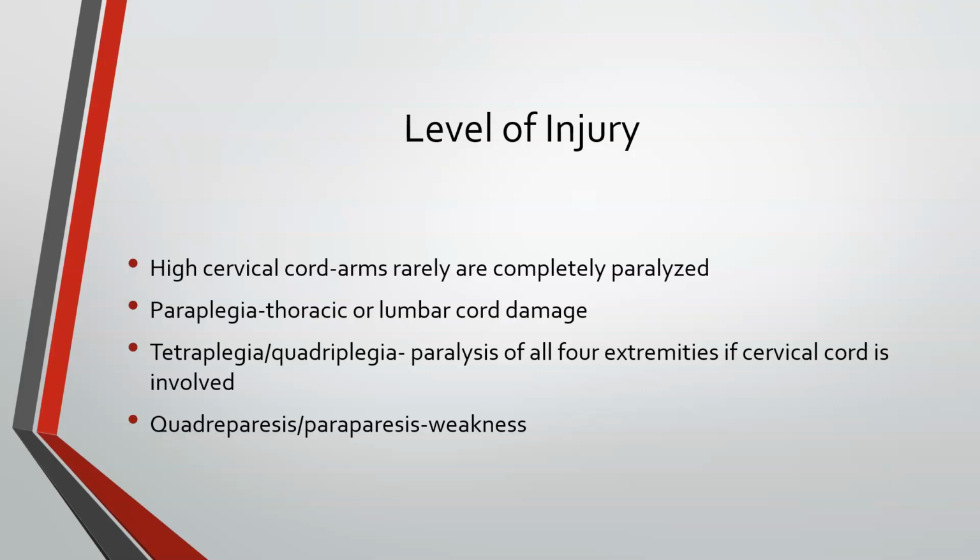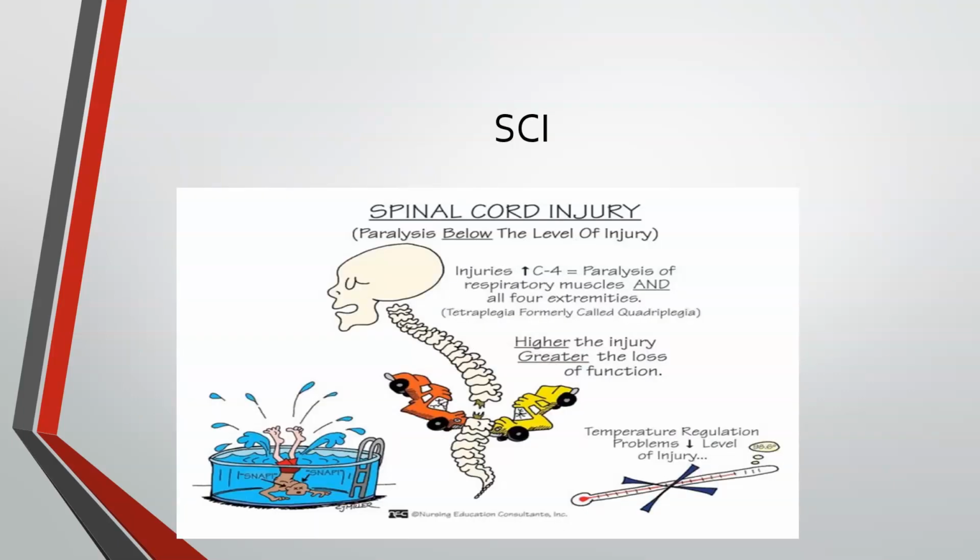These patients will need individualized rehabilitation, and we're going to talk a little bit more about rehabilitation as the presentation moves forward. The higher up the injury, the greater the loss of function.